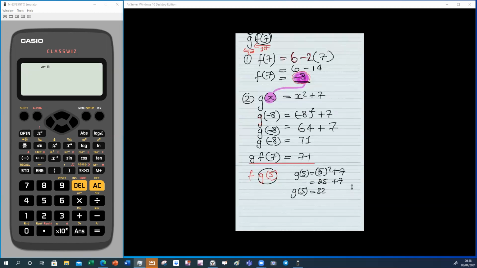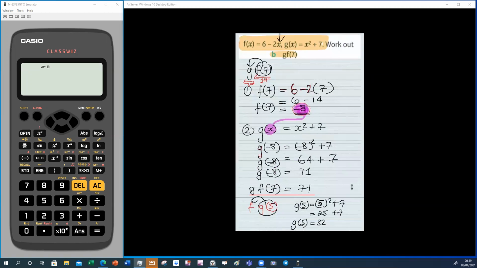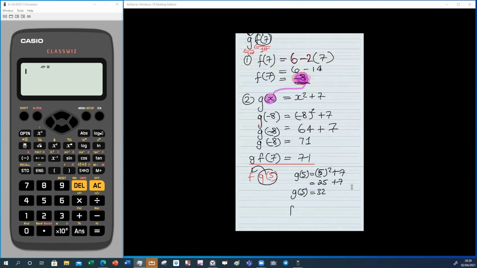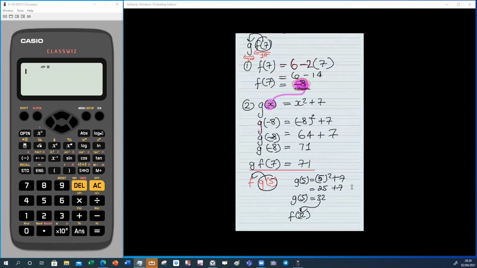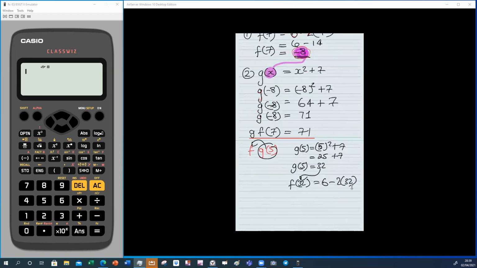And now you've got to put that answer into the f function. The f function's here. f of x equals 6 minus 2x. So f of 32, that goes into the f, and it's 6 minus 2 lots of the 32. So that'll give you 6 minus 32 times 2, which is 64.